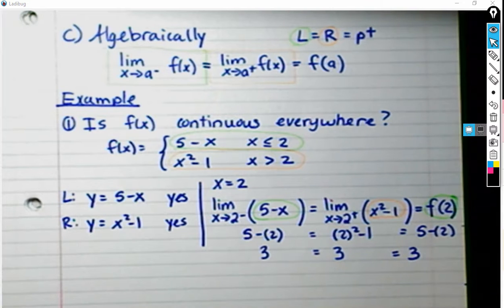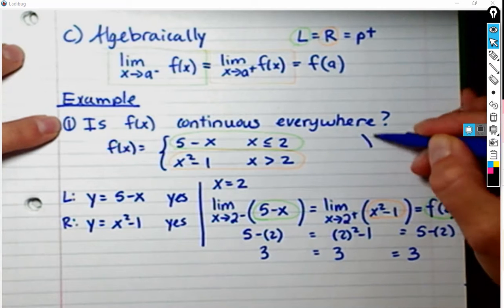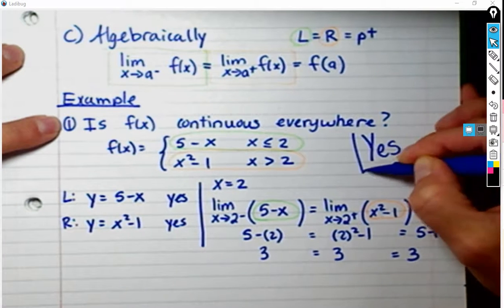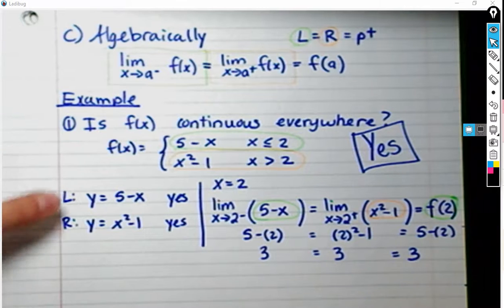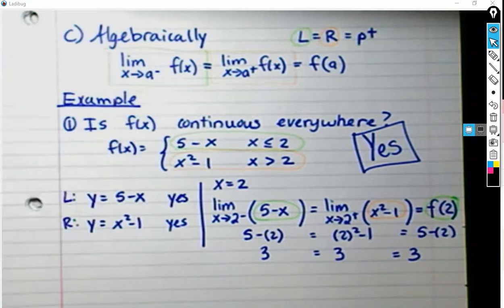They're all the same. So, yes. Is f of x continuous everywhere? Yes, because the left side is continuous, the right side is continuous, and the transition is continuous. It's continuous everywhere.